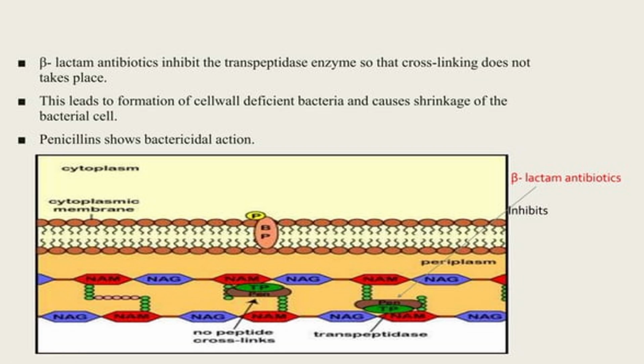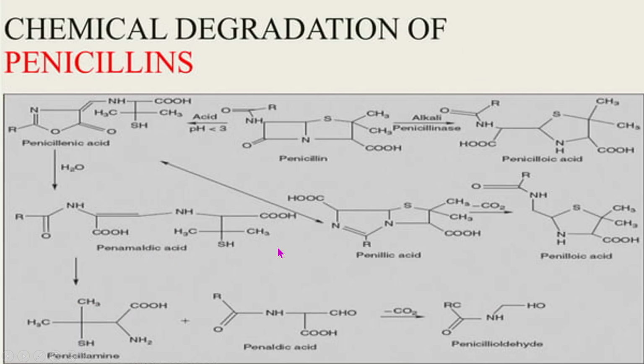If we stop the formation of the bacterial cell wall, the cell wall is unable to form, and the bacterial cell will die. Next, one very important limitation with the penicillin class is that they are unstable towards acidic media as well as basic media.